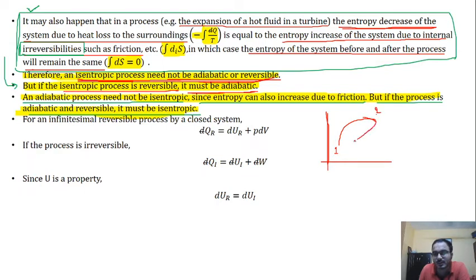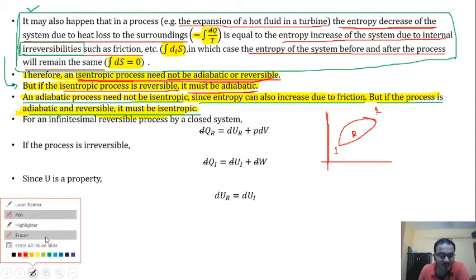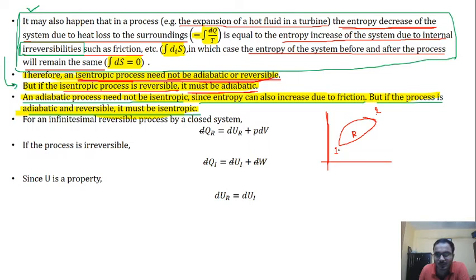Let us say 1 is reversible, and the second process is irreversible. So even though both processes have different paths, their end states are the same. That's why their internal energy will remain the same, because internal energy is a property of the system. Let me write down the arrows to avoid any confusion.